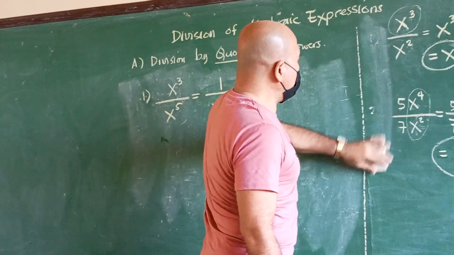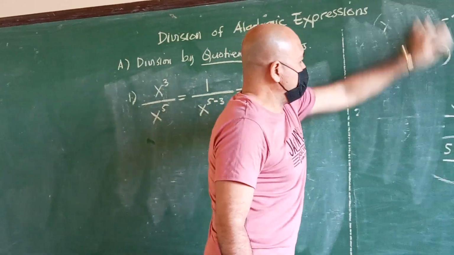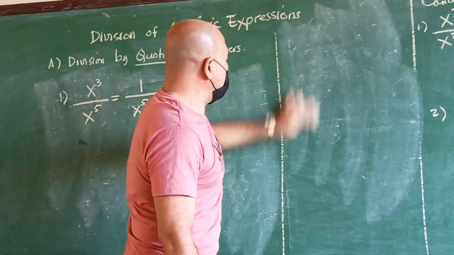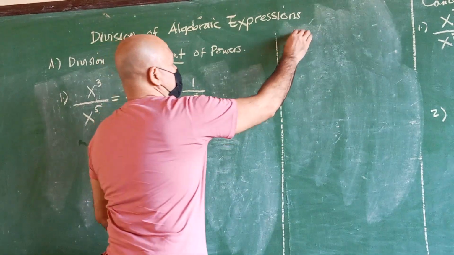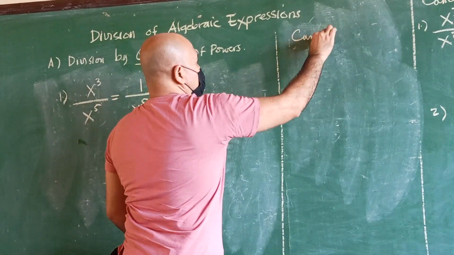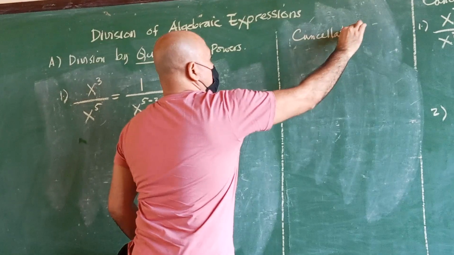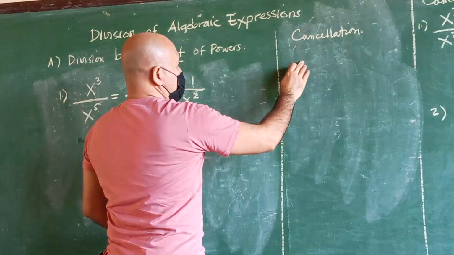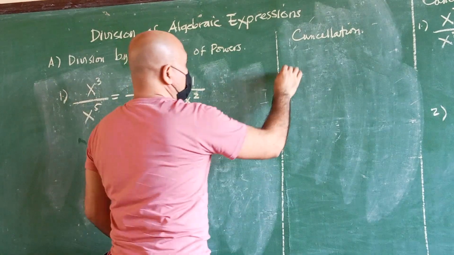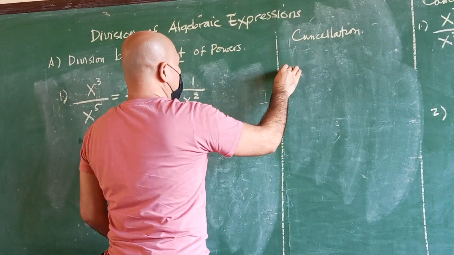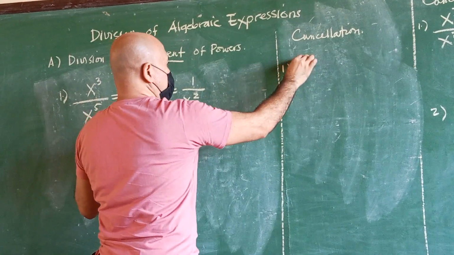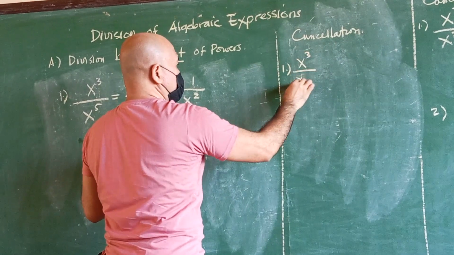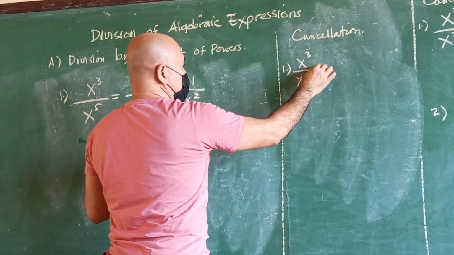And if you also apply the cancellation method for this scenario, you have the same x cubed over x raised to the power of 5.